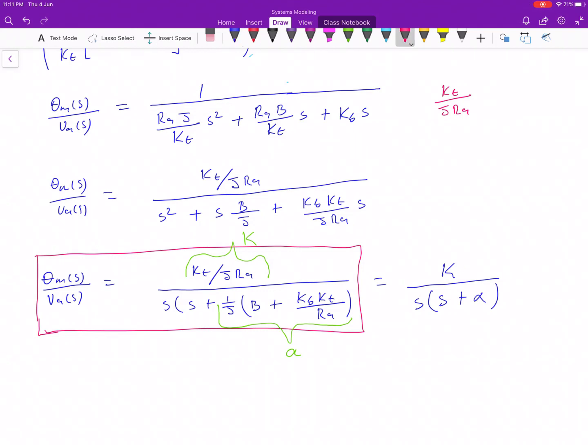This format looks much better because it's easy to say that our pole location is at minus alpha, and we have our gain K. This means that looking at this system, we have two poles. You have a pole at 0 at the center, and you have a pole at minus alpha. If you are asked to draw the pole location of this system, you are going to say we have a pole at the origin and a pole at minus alpha, whatever that alpha is.